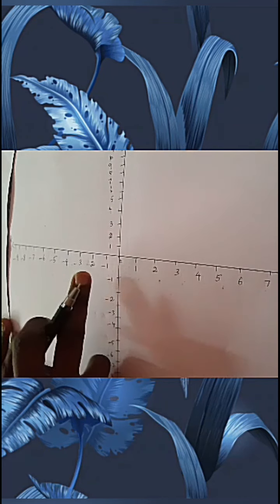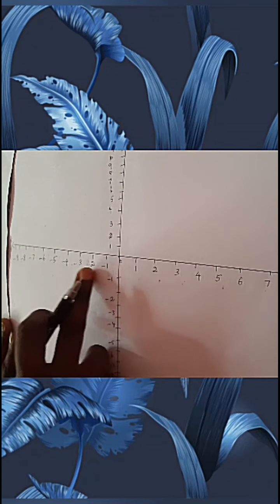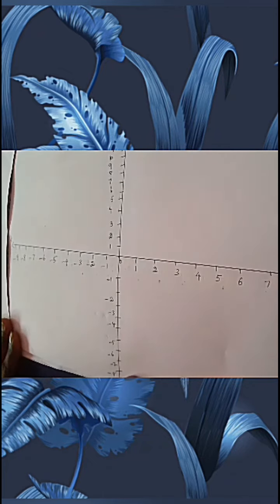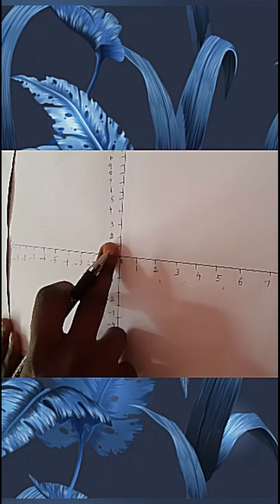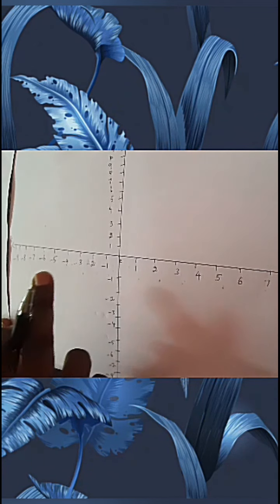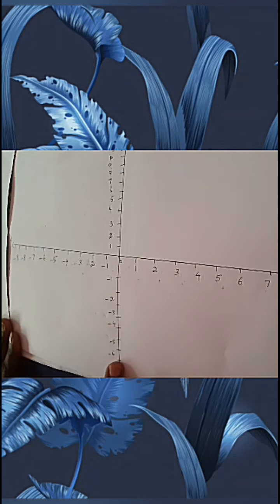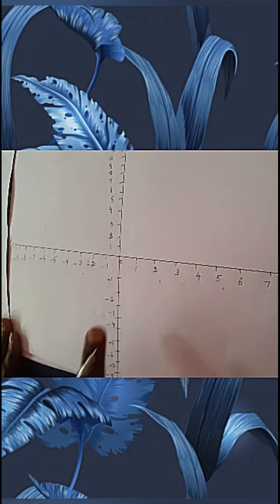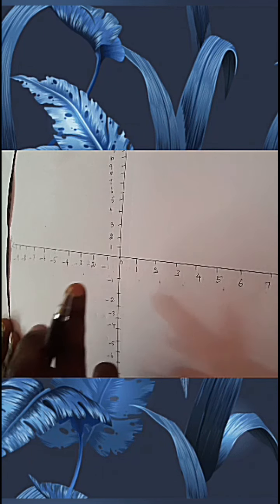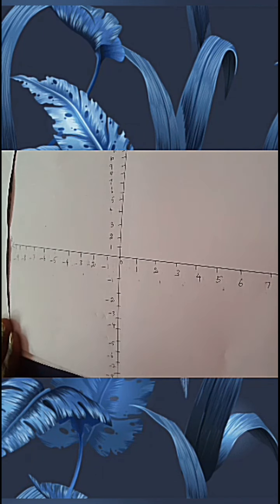Here you have the negative x-axis, -1, -2, -3 and so on, and here the vertical axis will be your y-axis. Here you can take the values as 1, 2, 3, 4 positive values, and down here it's negative y values, -1, -2, -3. So each unit I have kept as 1 unit each, 1 centimeter. Okay, so now how we are going to plot the points, we'll see.